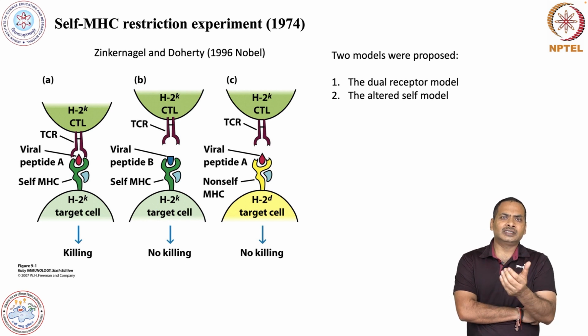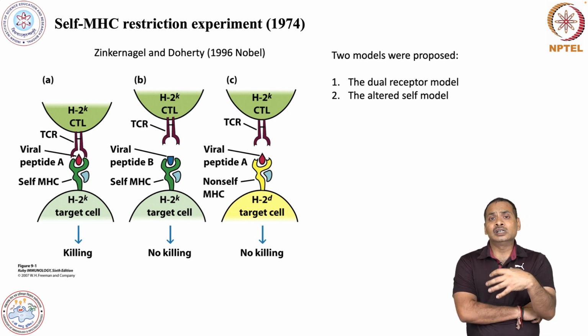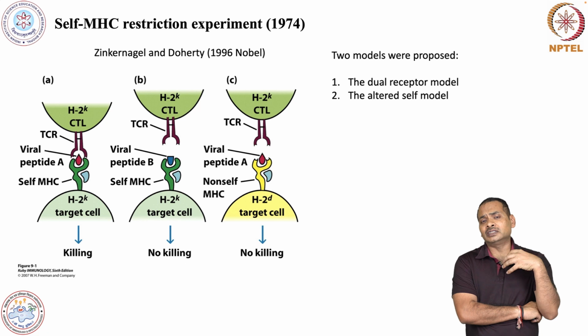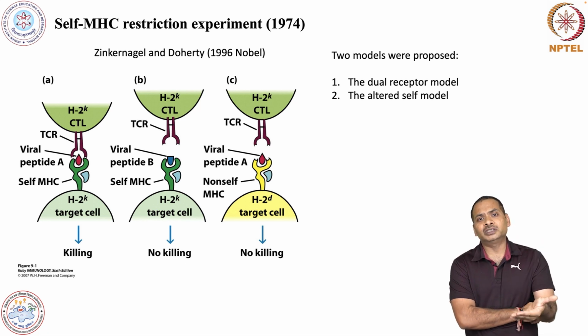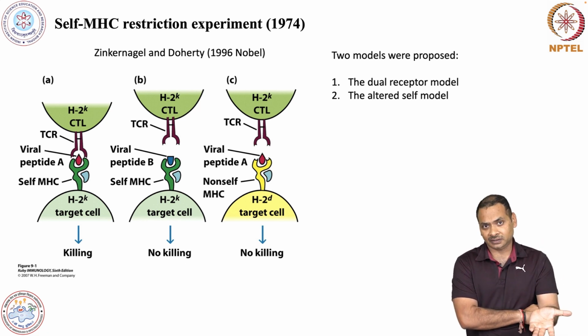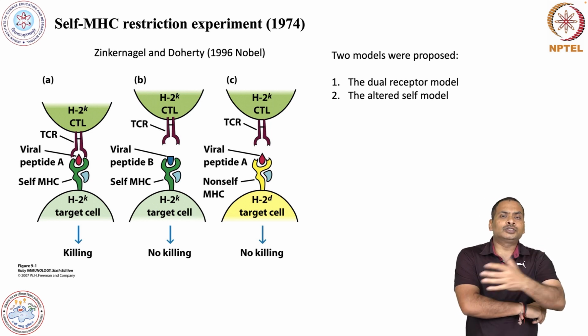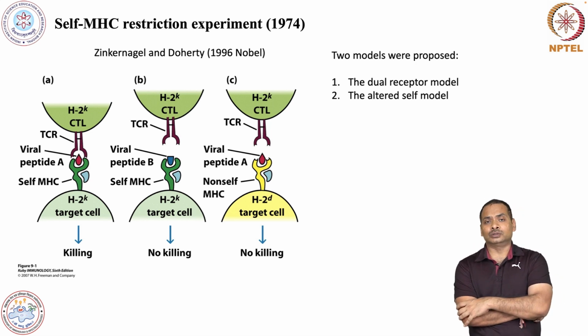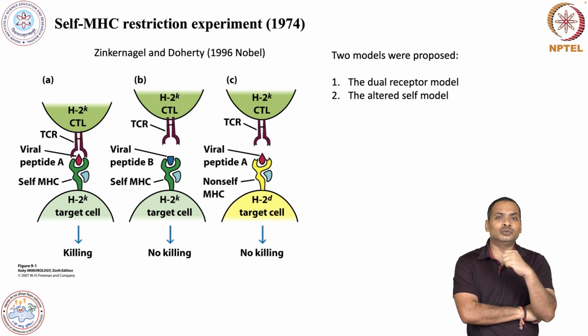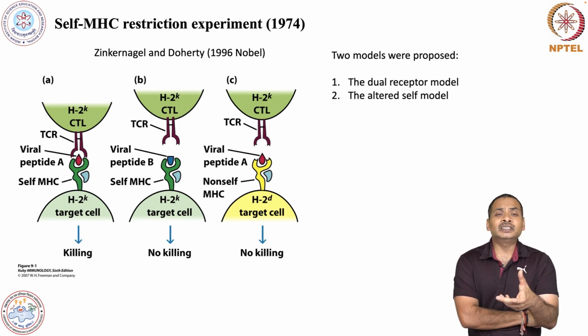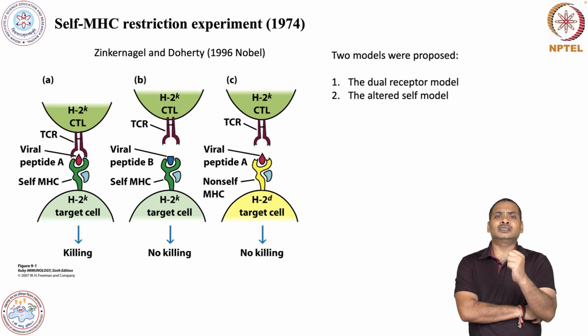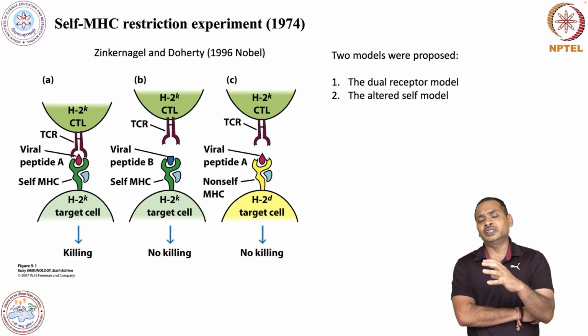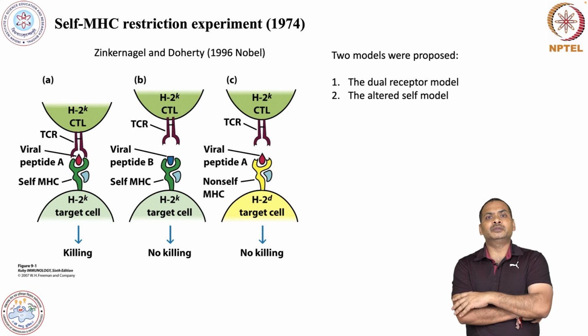Therefore, I can say that the cytotoxic T cell will kill those target cells which express self MHC and present the antigen. And this is true for the T helper cell also. The T helper cell will see the antigen presenting cell expressing self MHC and presenting the antigen. Then this T helper cell will proliferate and develop an appropriate immune response.